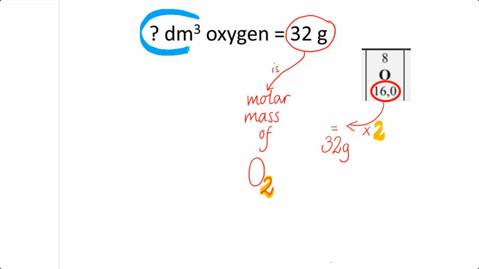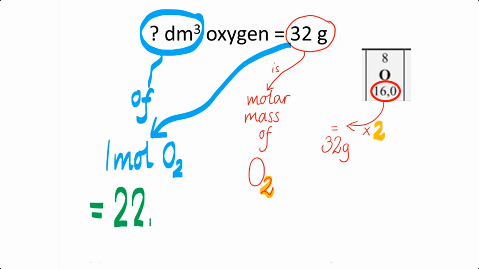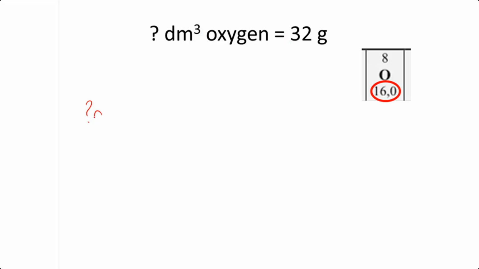So this question is actually very easy because it's asking you what's the volume of 32 grams of oxygen at STP. In other words, what's the volume of 1 mole of oxygen at STP? And we know that 1 mole of any gas at STP has a volume of 22,4 decimeter cubed. So that's the answer. But let's also lay it out nicely and do it the long way.